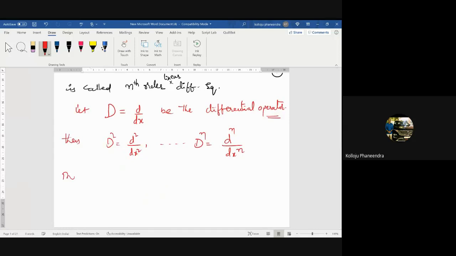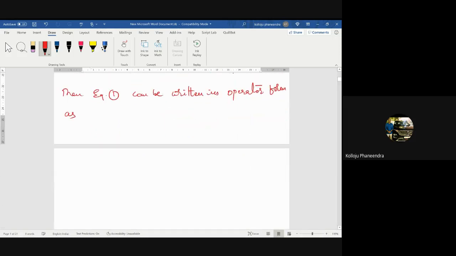Then equation 1 can be written in operator form as, see, I will write here.